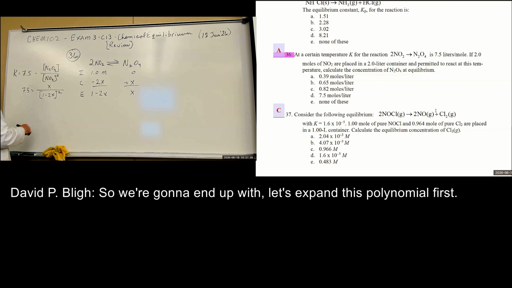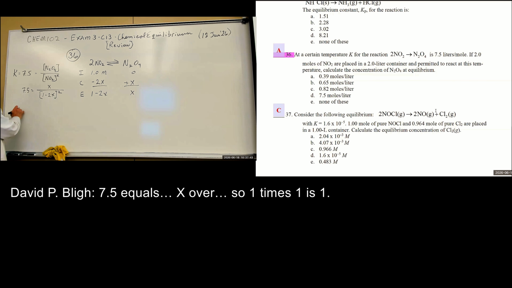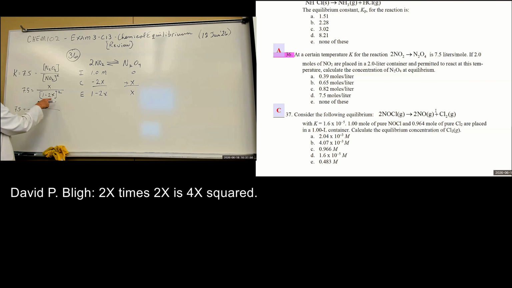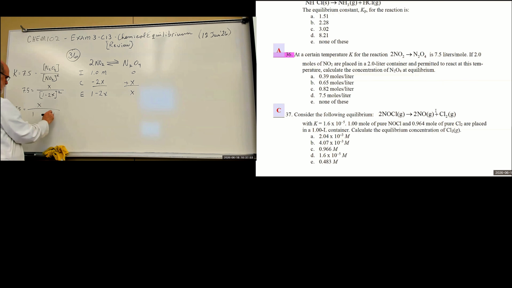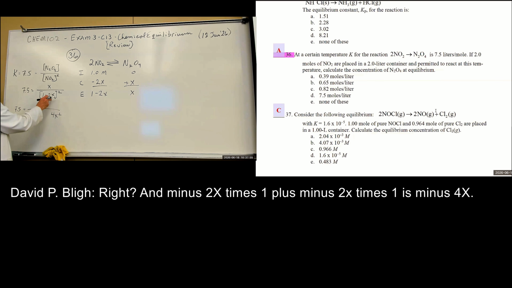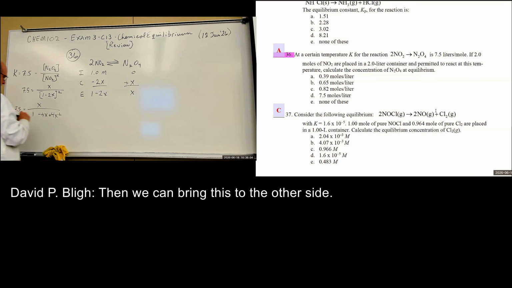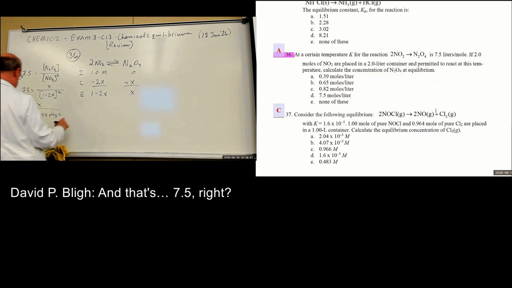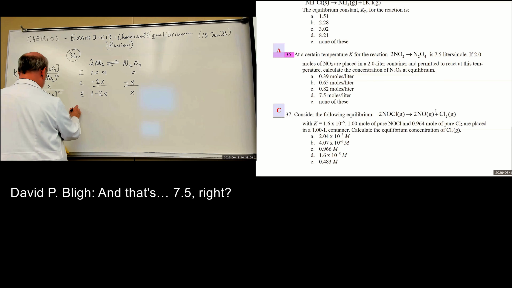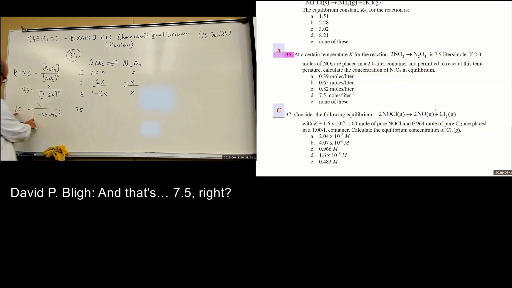So we're going to end up with, let's expand this polynomial first. 7.5 equals x over, so 1 times 1 is 1. 2x times 2x is 4x squared, right? And minus 2x times 1 plus minus 2x times 1 is minus 4x. Then we can bring this to the other side, and that's 7.5, right?